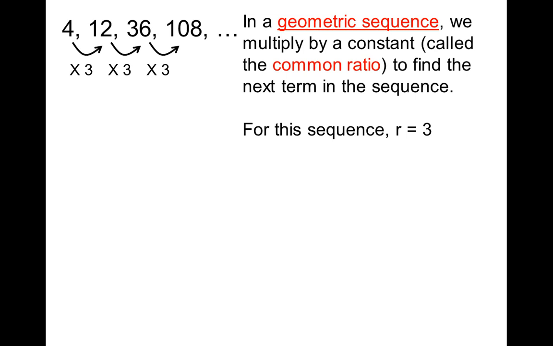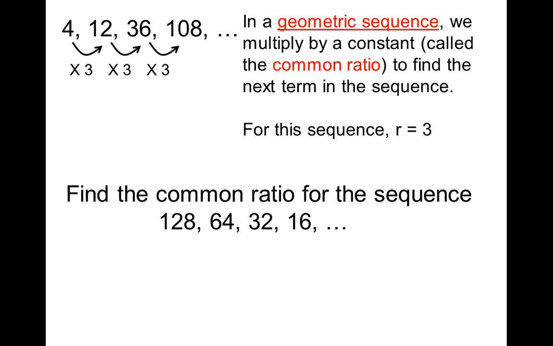So in this particular sequence, since we're multiplying by a 3, that's the common ratio, and the abbreviation for common ratio is an r. So in this sequence, r is equal to 3. Now, knowing what the common ratio is also allows us to find more terms in a sequence.